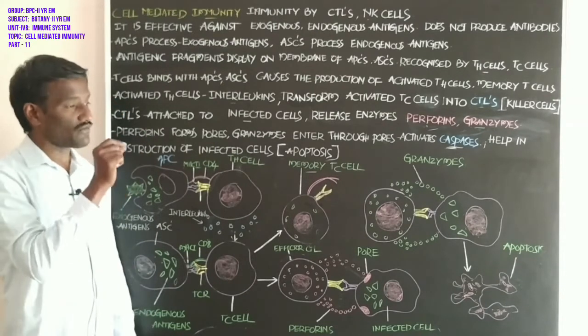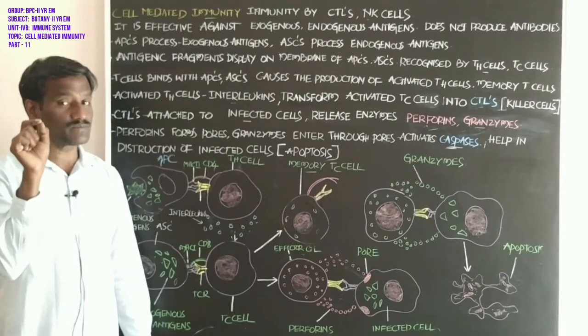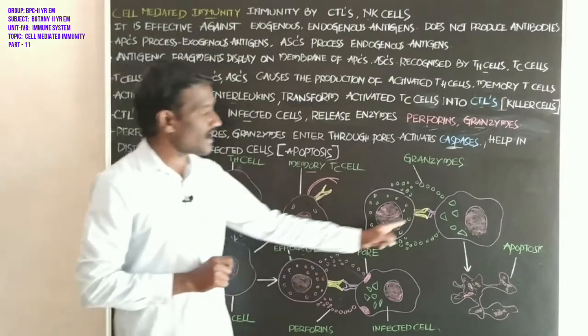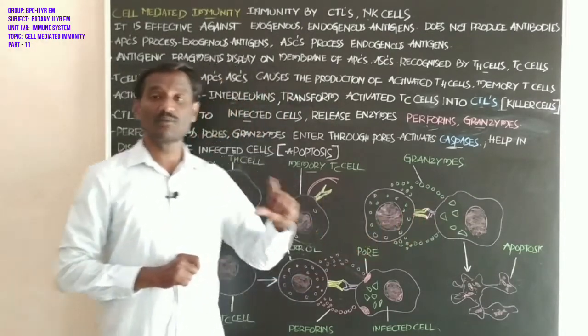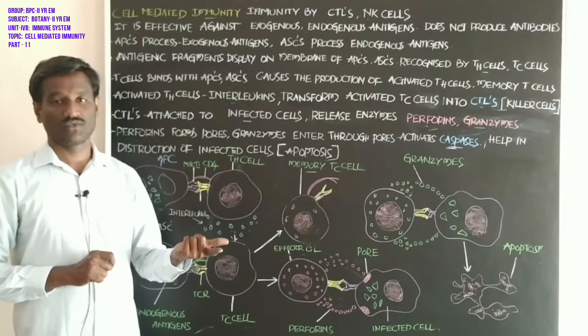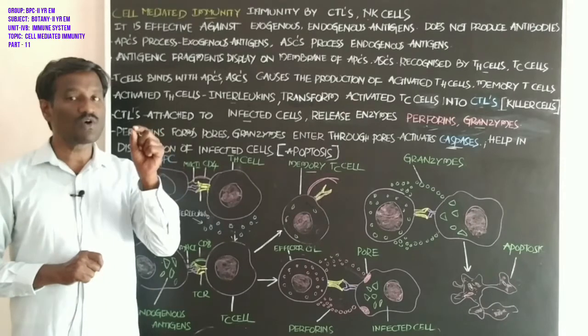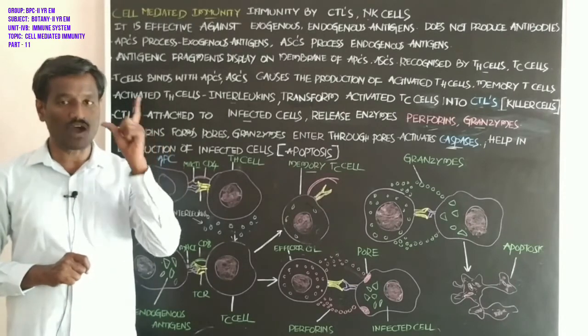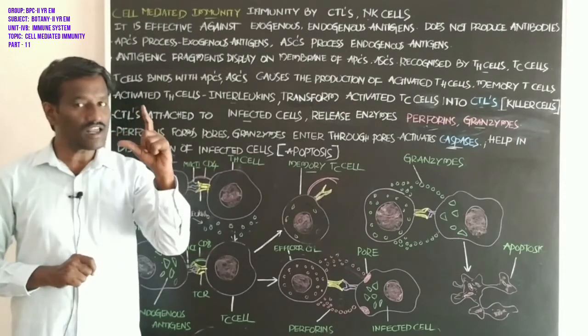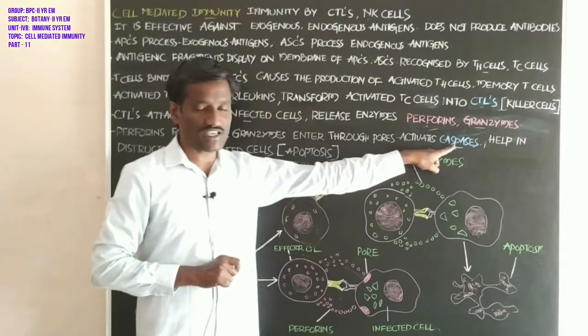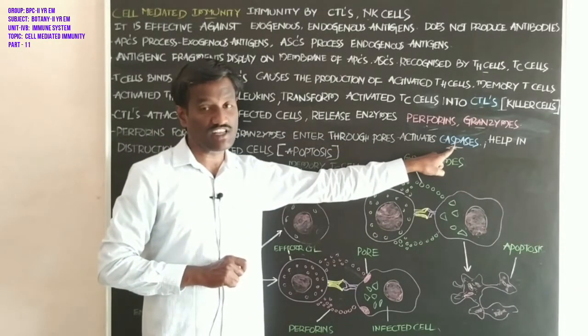Finally, caspase causes programmed cell death. Proteins are broken down into simple polypeptides, small polypeptides, or single amino acids by the caspase enzyme. It is the protease enzyme.